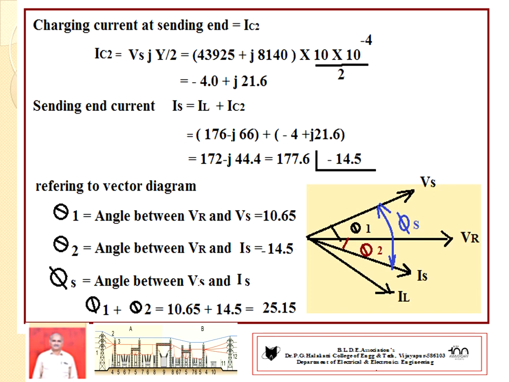I want phi s from Vs to Is. From the vector diagram it clearly shows we have to consider only theta 1 and theta 2 irrespective of the negative value. So the angle becomes 10.65 plus 14.5, we are getting 21.15.